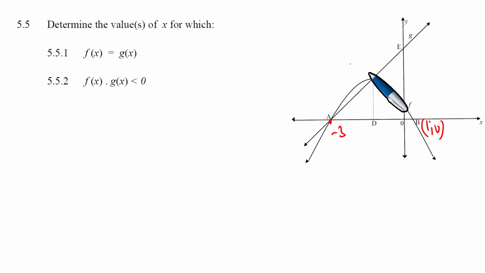And we know very well that this one has the coordinates -1 together with 4. So if this is F and G, it means that F equals G whenever x is -3 and whenever x is -1. Whenever x is -3 or -1, the functions are equal to each other. That is what we are able to note there.